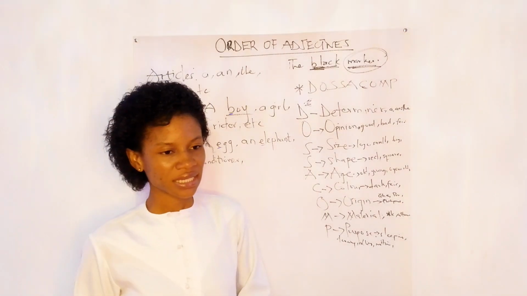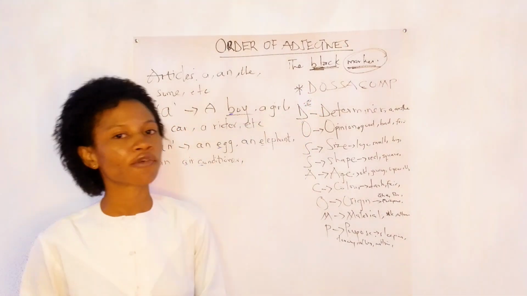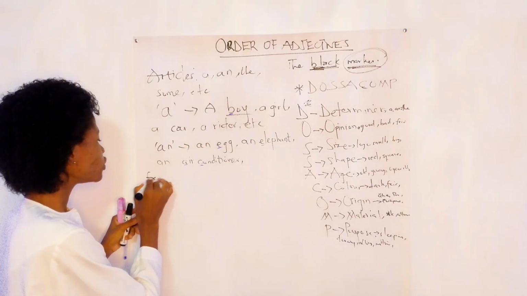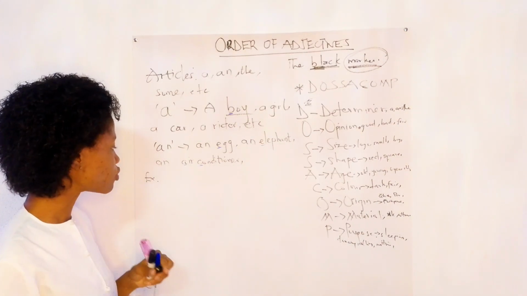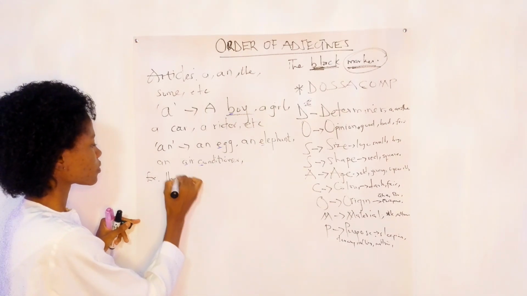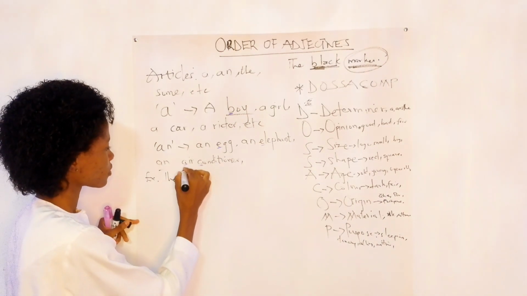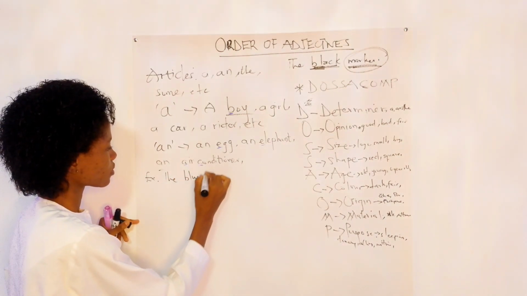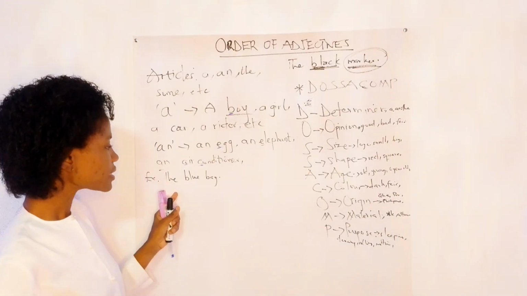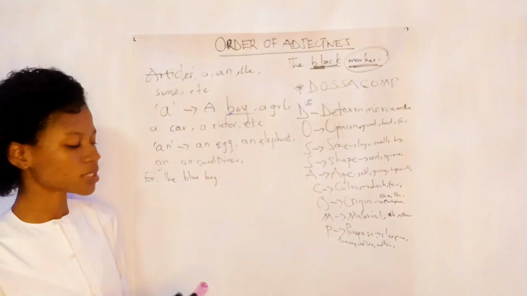Now, what has this got to do with order of adjectives? For example, you're going to start with smaller examples, then we dive into deeper ones. For example, the blue bag. This is a correct order of adjectives.